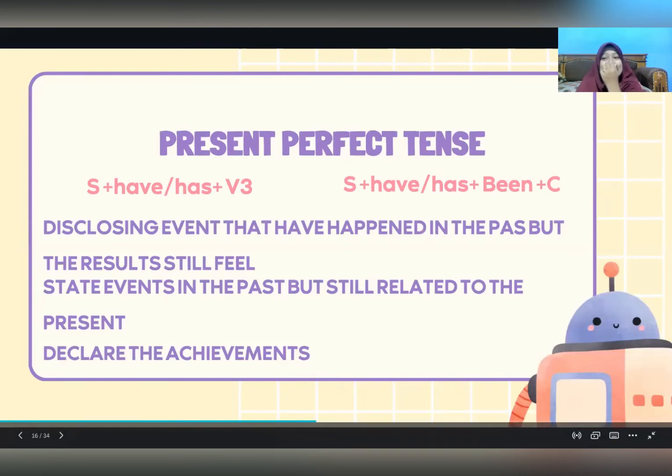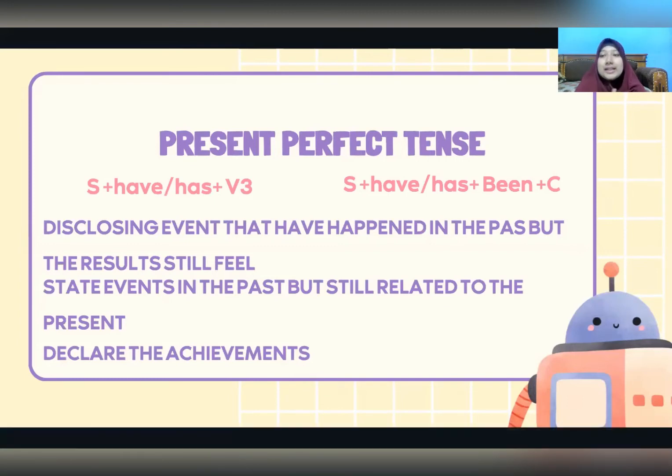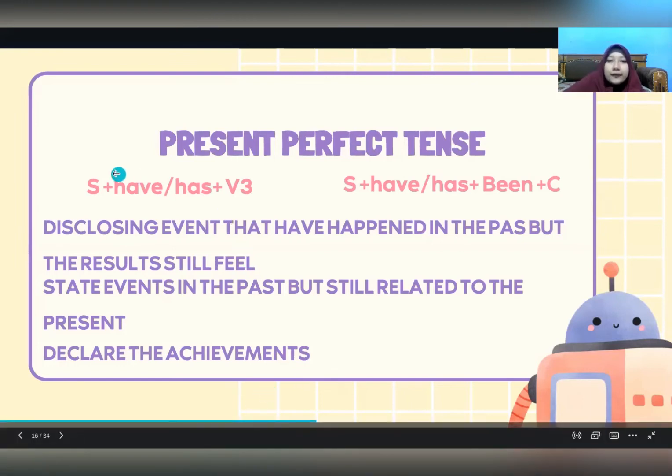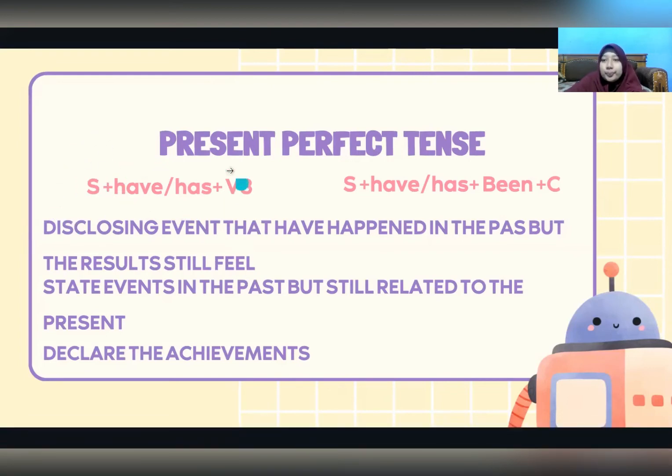The next tense is the present perfect tense. The present perfect tense has a formula: subject plus have or has plus verb three.